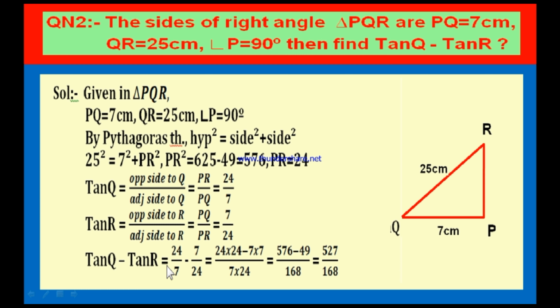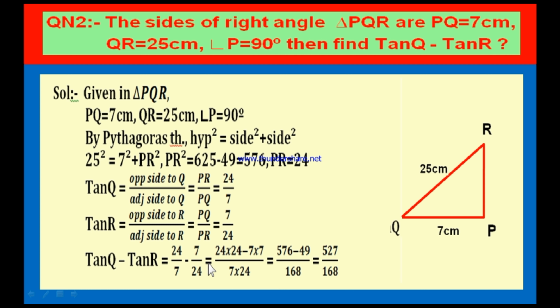Tan Q minus tan R is equal to 24 by 7 minus 7 by 24. We have to subtract one fraction from the other. Whenever you go for the subtraction or addition of two fractions, you should first of all find the LCM. Since these two are co-primes, the product of both denominators is the LCM. That is, 7 into 24 is the LCM.